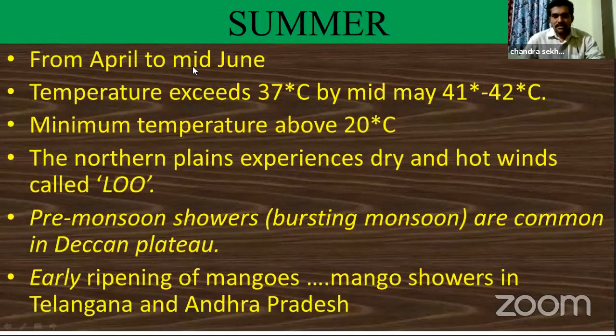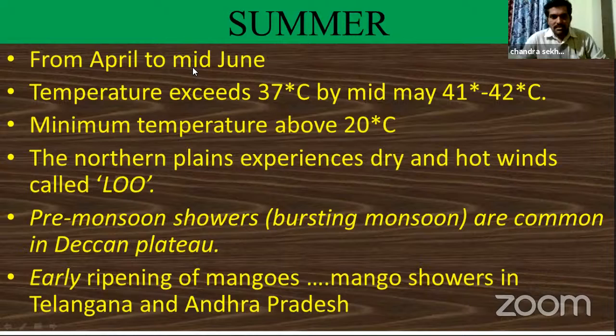Next, the second season is summer season, from April to mid-June. We are experiencing summer season in India from April to mid-June. Temperature exceeds 37 degrees centigrade by mid-May, reaching 41 to 42 degrees.